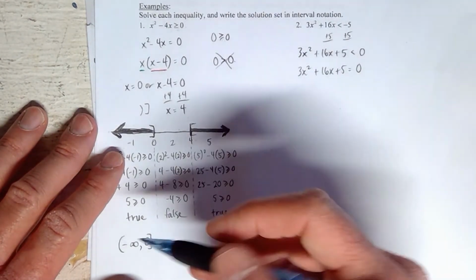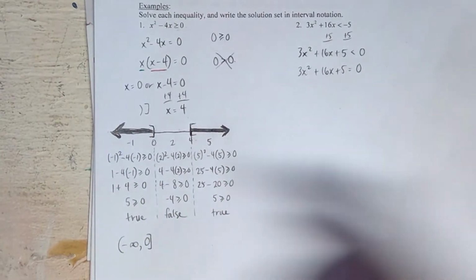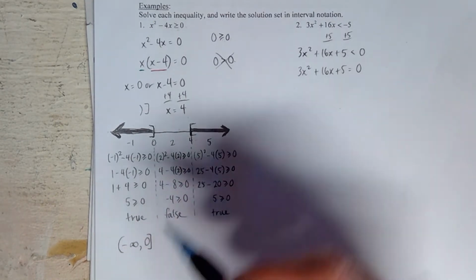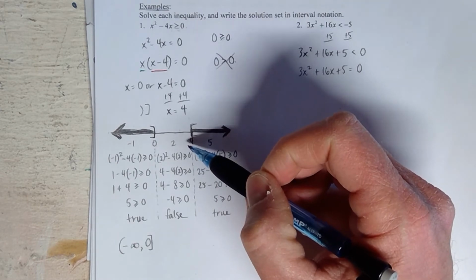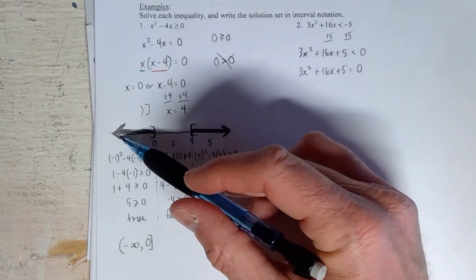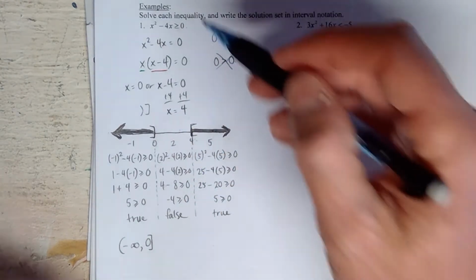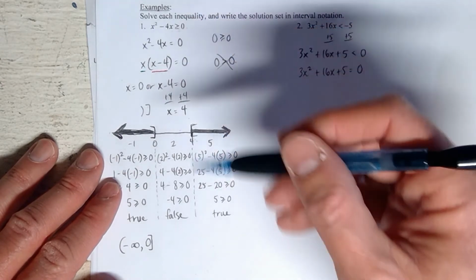And so that's why we always use round brackets for negative infinity and infinity. So to review here, negative infinity and positive infinity always round. And then the rest of the numbers, the ones that are in between negative infinity and infinity, like 0 and 4, it depends on whether or not the inequality has the equal to thing in it. Now, let me finish this up here.